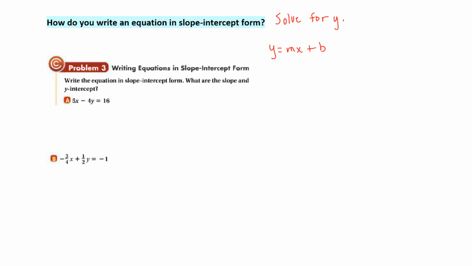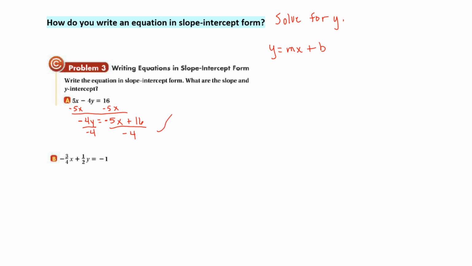So if I look at example A, if I solve for y, first here, I would subtract 5x from both sides. Then I would have -4y equals, I'm going to put my x term first. So I have -5x, and the 16 is positive, so that would be plus 16. And then to finish getting the y by itself, I would divide both sides of the equation by -4.